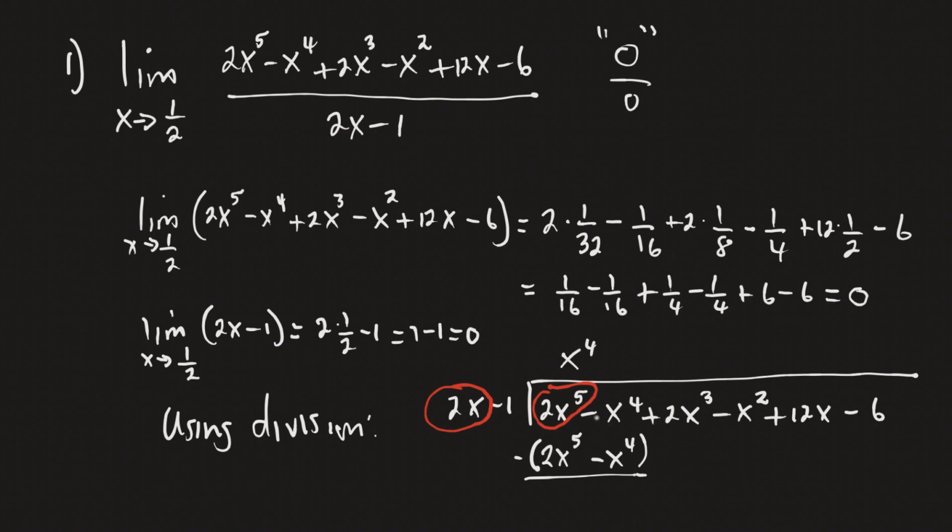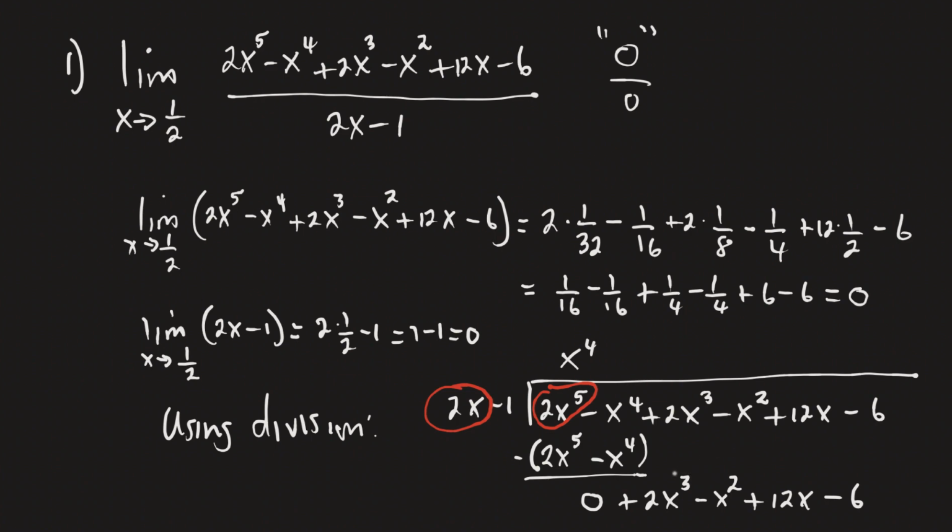But also, when I take negative x to the fourth minus negative x to the fourth, I'll also get 0. But then I have to bring down these trailing terms. So then I'll have a positive 2x cubed minus x squared plus 12x minus 6.